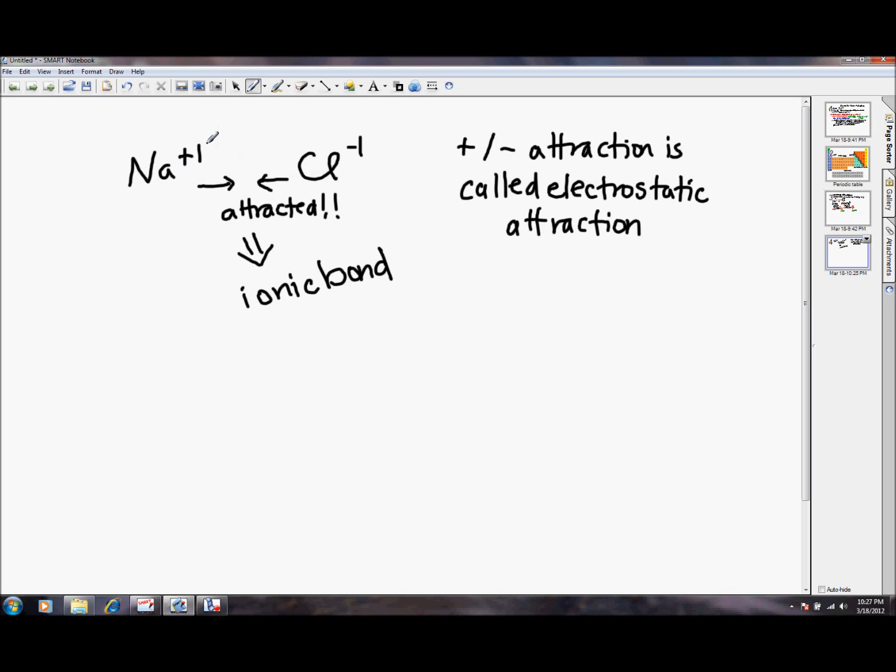Alright, so we see here that there's these charges, positive and negative charges. Okay, these are what we call oxidation numbers. Okay, every element has an oxidation number.